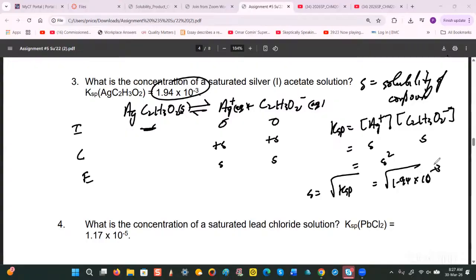And that's it. All we have to do is find this out. So 1.94 times 10 to the minus 3, square root. According to my calculations, this works out to be equal to 0.0440 M. So that would be the molar concentration of the silver acetate.